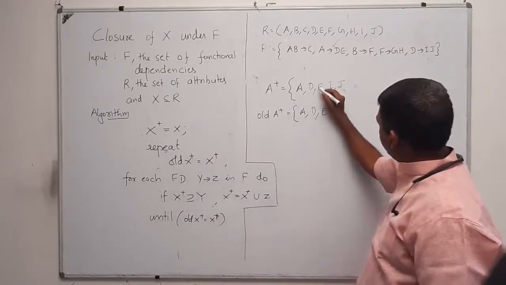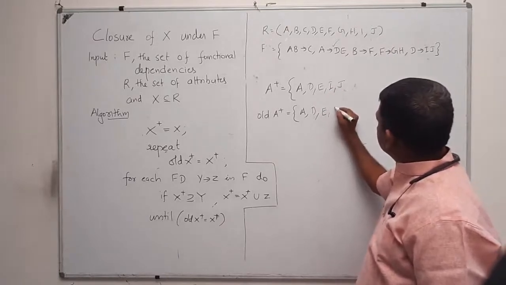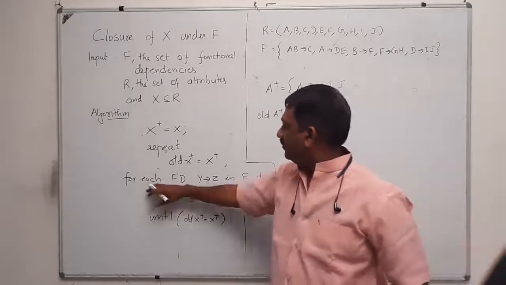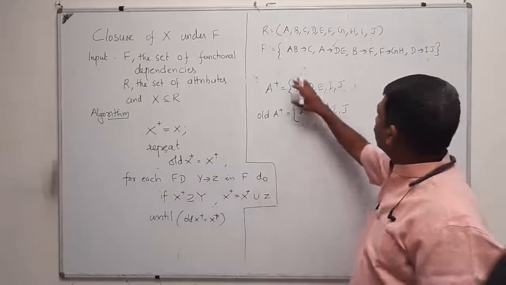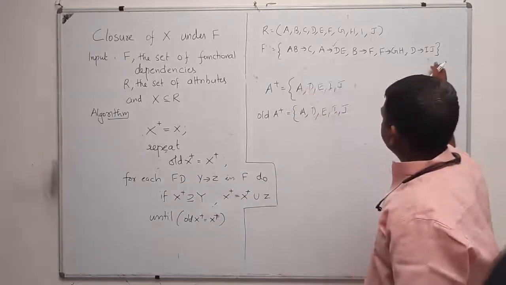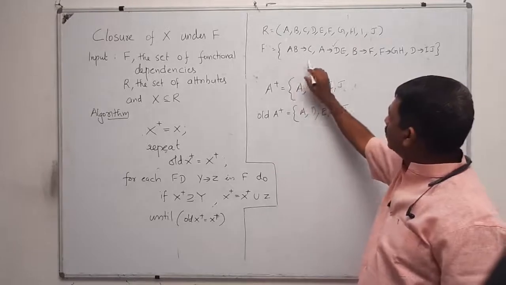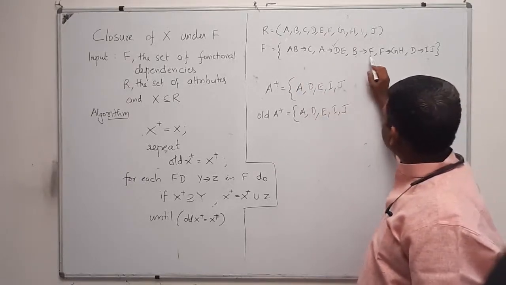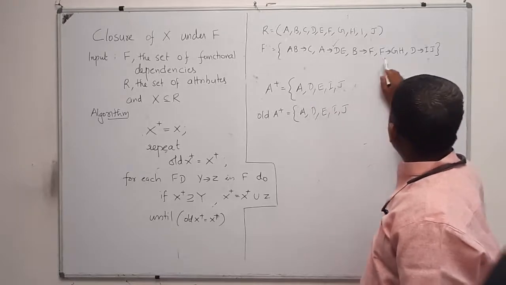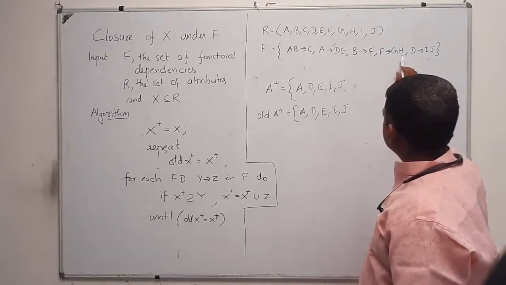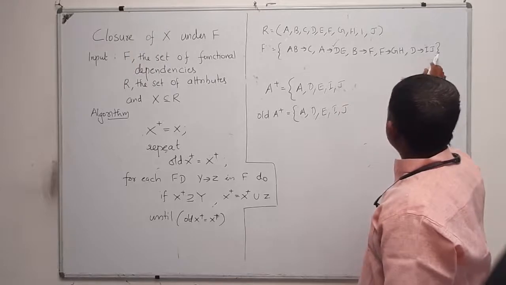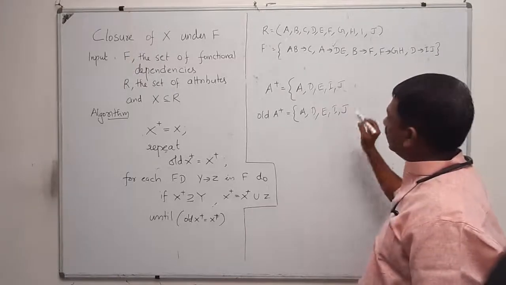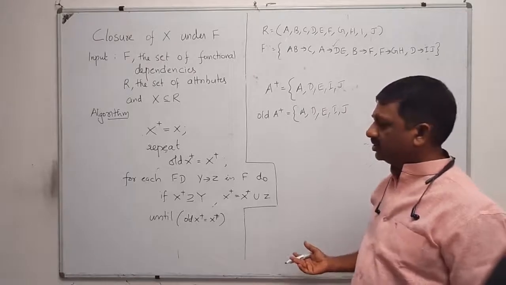That means you copy this to this place, then I, J. Then for each FD Y determines Z in F: AB is not here, A is here, D already included, B determines F is not present here, F determines GH, F is not here, D determines IJ, D is here, so I and J already added. That means no change.